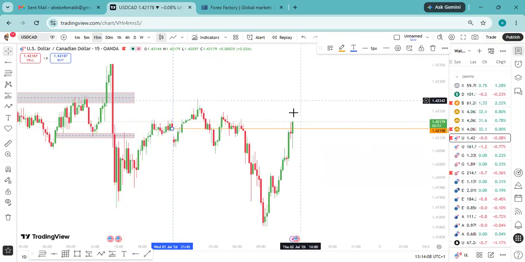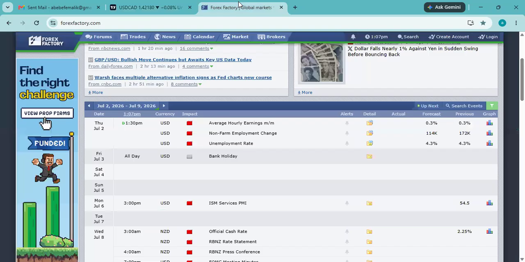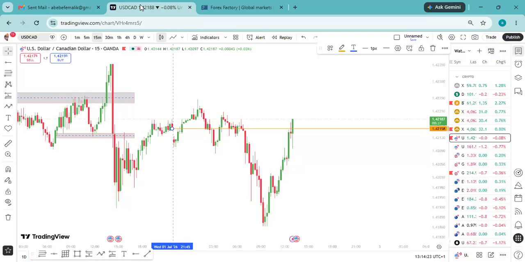If it closes with all these weak candles around this point, then it means the Forex Factory information we have here, which is USD should be weak, might just be correct. But who knows? We are just going to watch and see how the market unfolds.